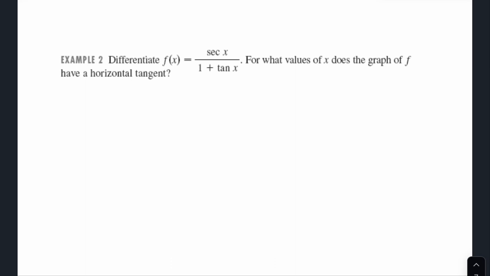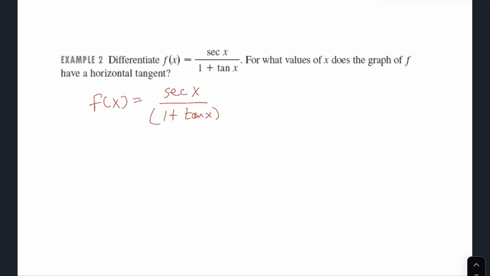Let's look at example 2. It says to differentiate the fraction secant of x over 1 plus tangent of x. We have to make it derivative friendly, so we're going to need to put this bottom part in parentheses.